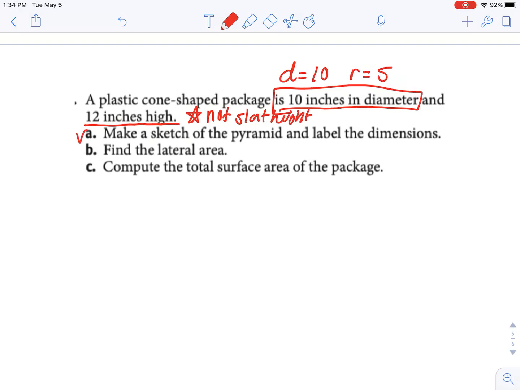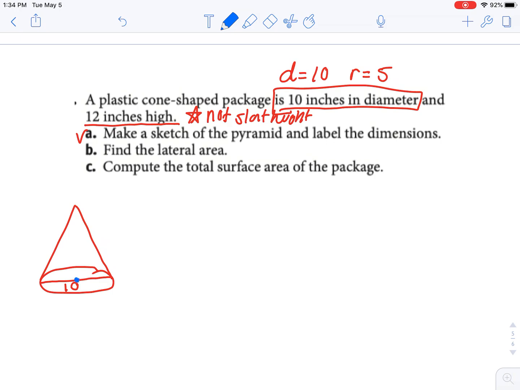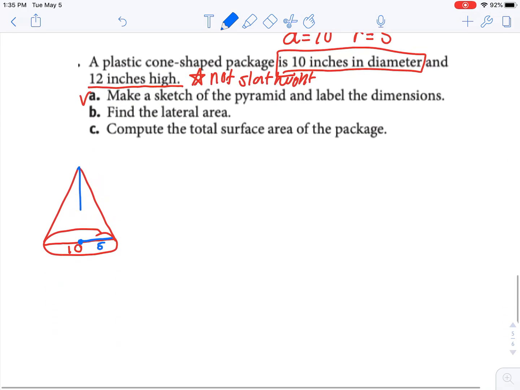So I would recommend that we start with making a sketch of the cone and labeling the dimensions. Cones have a circular base. We know that the diameter of that base is 10 inches, and therefore the radius of that base is 5 inches. They also tell us that the height is 12 inches.